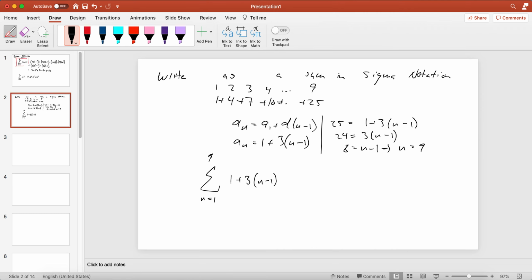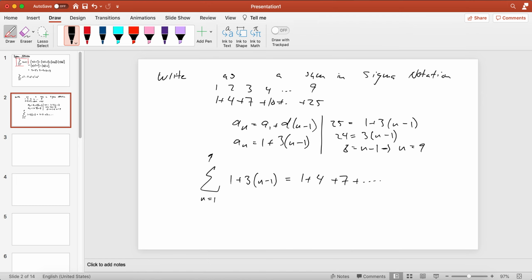So just to do a sanity check, if the first number is 1 here and I plug that in, I get 1 plus 3 times 0, which is 1. Then 1 plus 3 times 1, which is 4. And then I'm going to increment again. Now my n is equal to 3: 1 plus 3 times 2, which is 7. Okay, looks good. Let's just keep going until we hit 9.